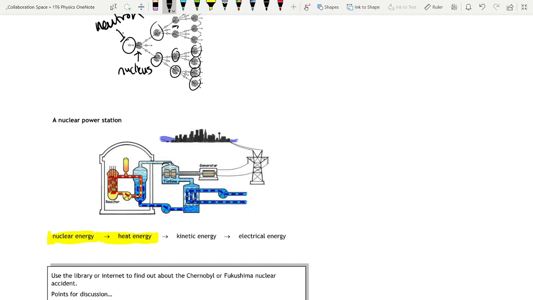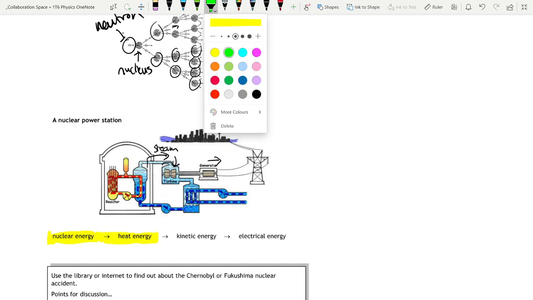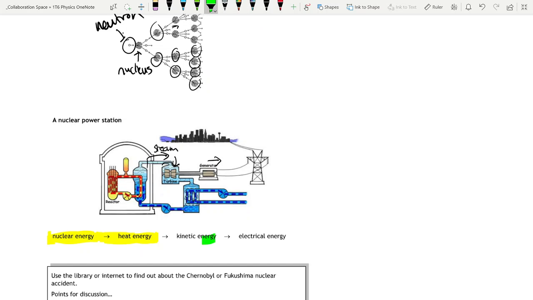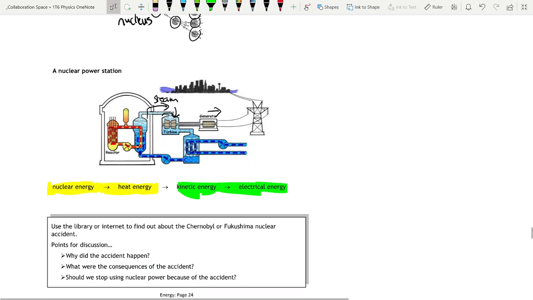The heat energy heats water, produces steam, which turns a turbine, which then turns a generator, which produces electricity. So the nuclear to heat energy is in the reactor. Then we have the kinetic energy and the electrical energy, which happens outside of the reactor in a turbine and a generator.